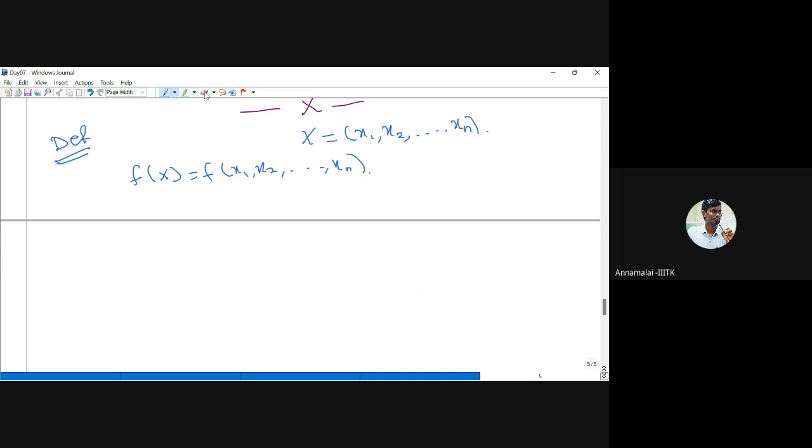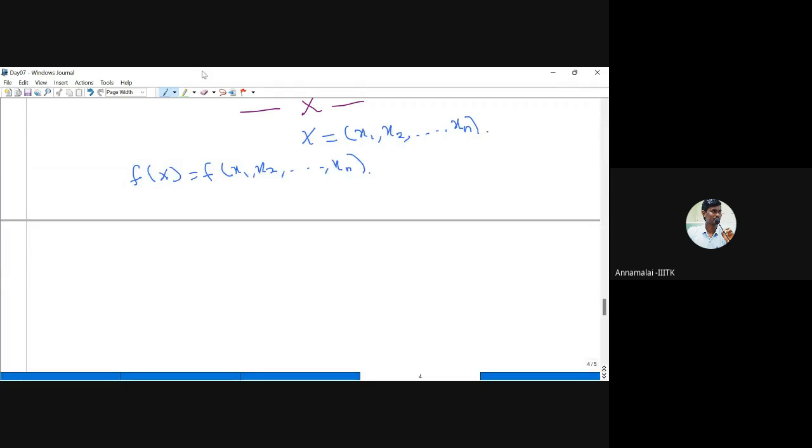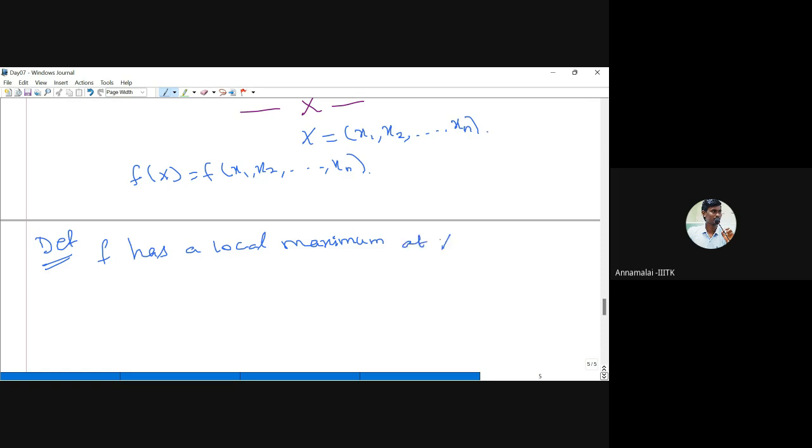So what is the definition of a local maximum? When we say the function has a local maximum, it means that in the neighborhood, every value is less than or equal to f of x naught. So, definition: f has a local maximum at a point x naught.